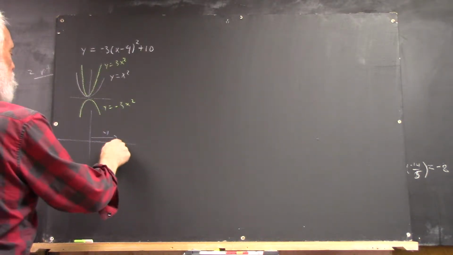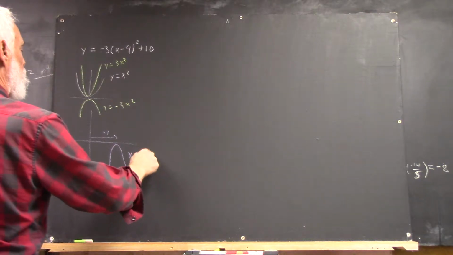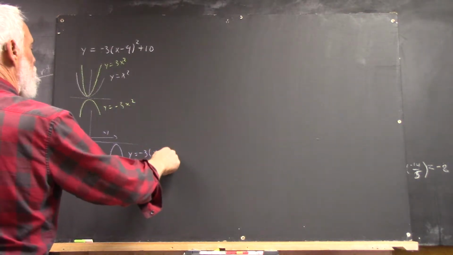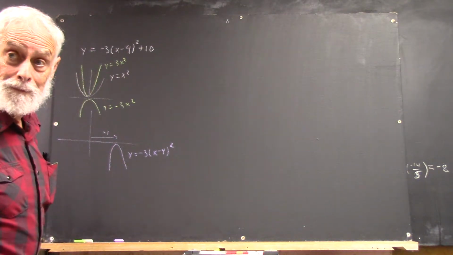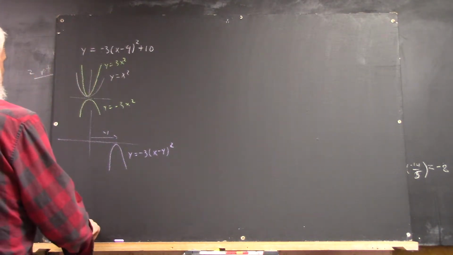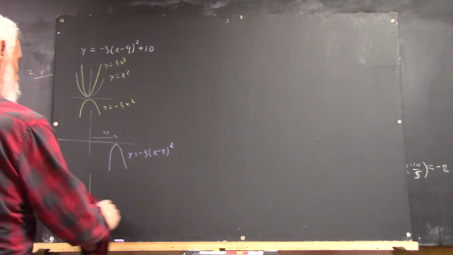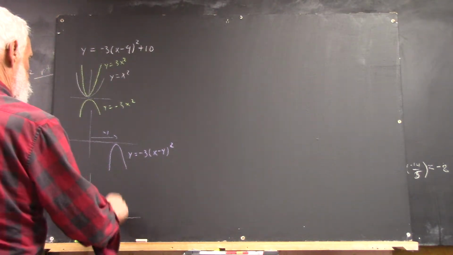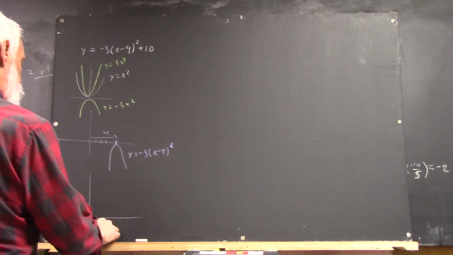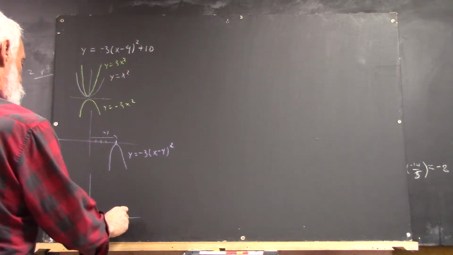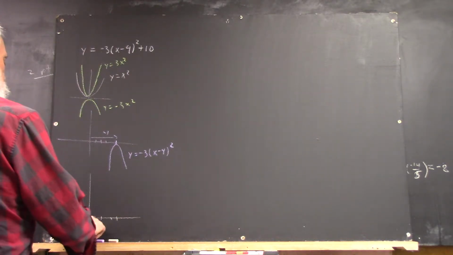Shifting it horizontally 4 units gives us a graph that looks kind of like this, and now we have y equals -3 times (x minus 4) squared. Then we shift it 10 units vertically, and we've got a graph that looks something like this. I'm not drawing this very well to scale, but it might not be too far off.